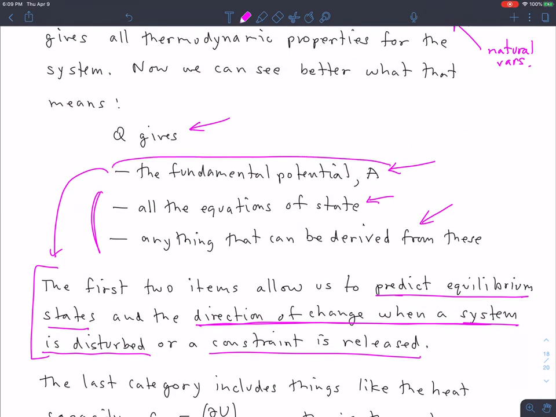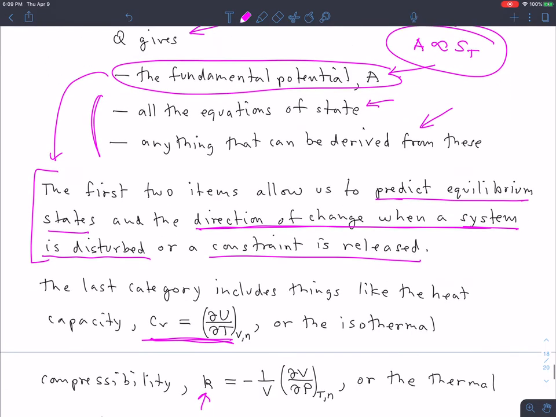The fundamental potential, which is, remember, related to the total entropy for both system and surroundings, tells us all about which way the system will change when an equilibrium change is happening, and about what the equilibrium state is. And all these other things tell us everything about all the properties of the system.